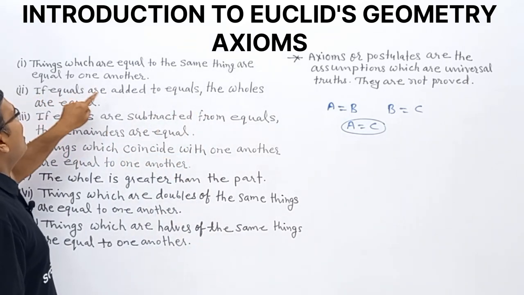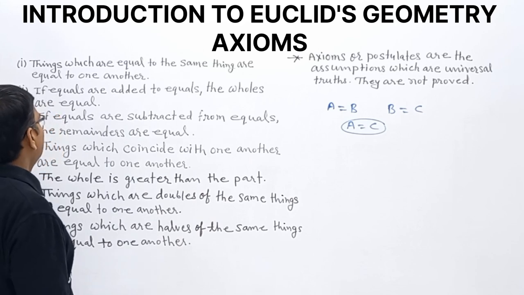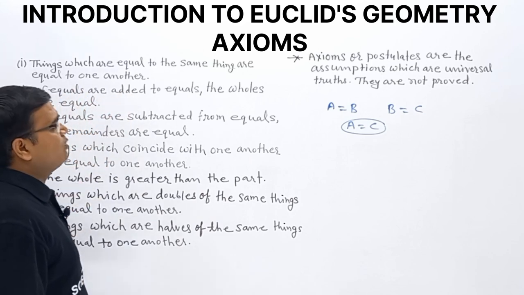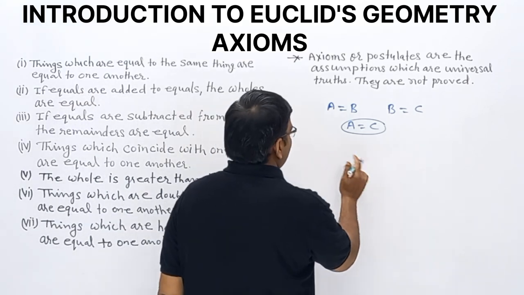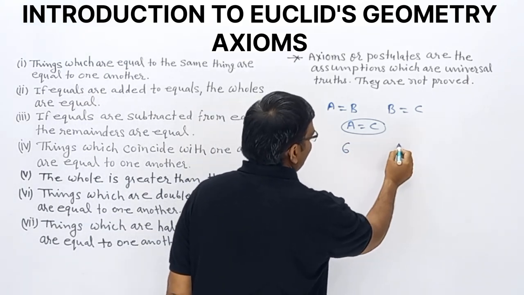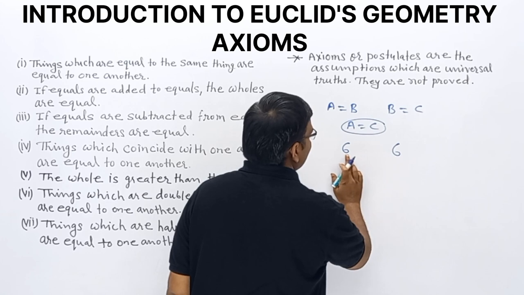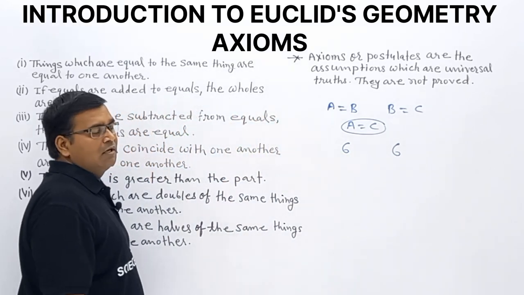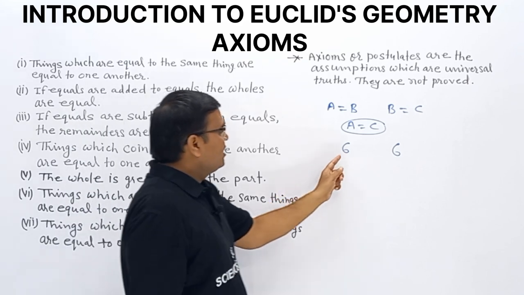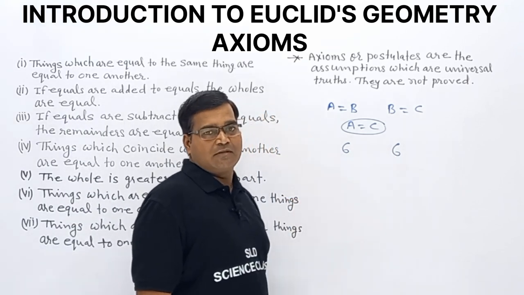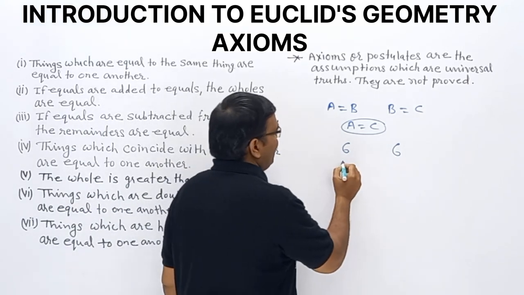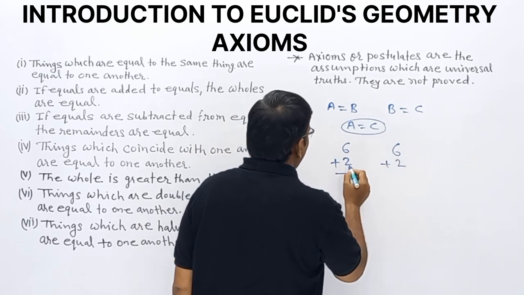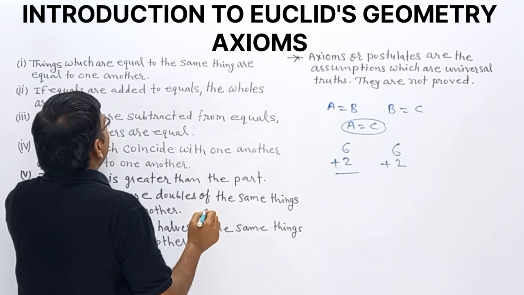Now the second axiom is: if equals are added to equals, the wholes are equal. Take two equal things, 6 equal to 6. Now these two are equals, and we are adding 2 to both.